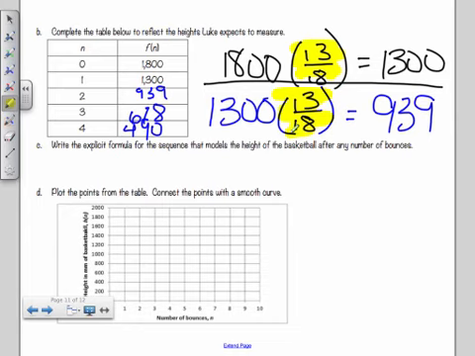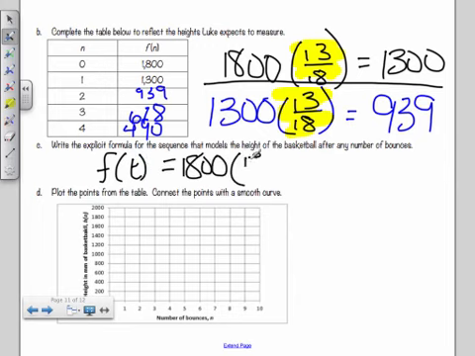You should get that f of t is equal to the initial value, 1800, multiplied by the growth ratio, 13 over 18, all raised to the t power, because you are repeatedly multiplying by 13 over 18.